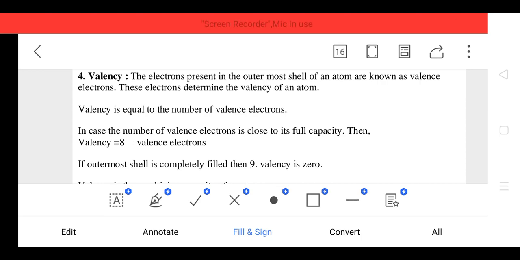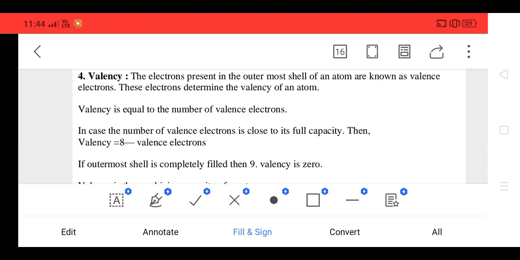For example, take the atom helium. Helium has atomic number 2, so it has 2 electrons. We write its electronic configuration as 1s2.